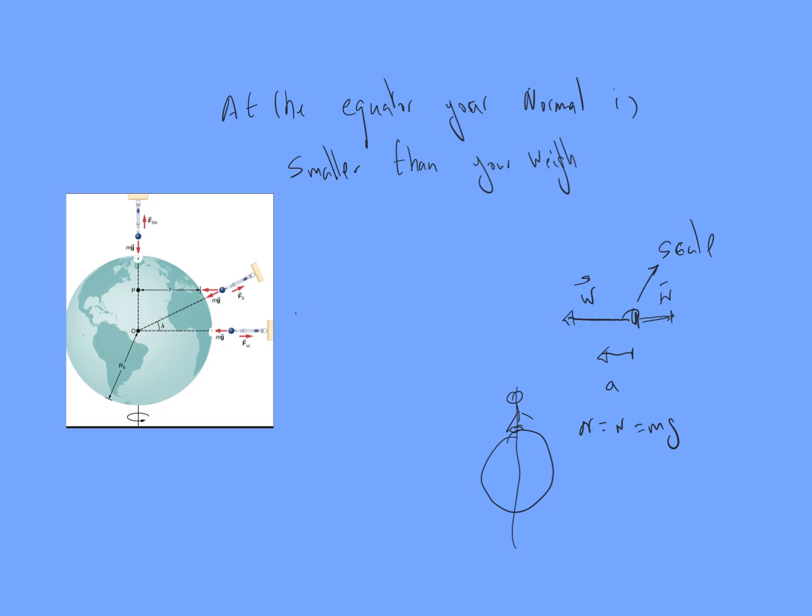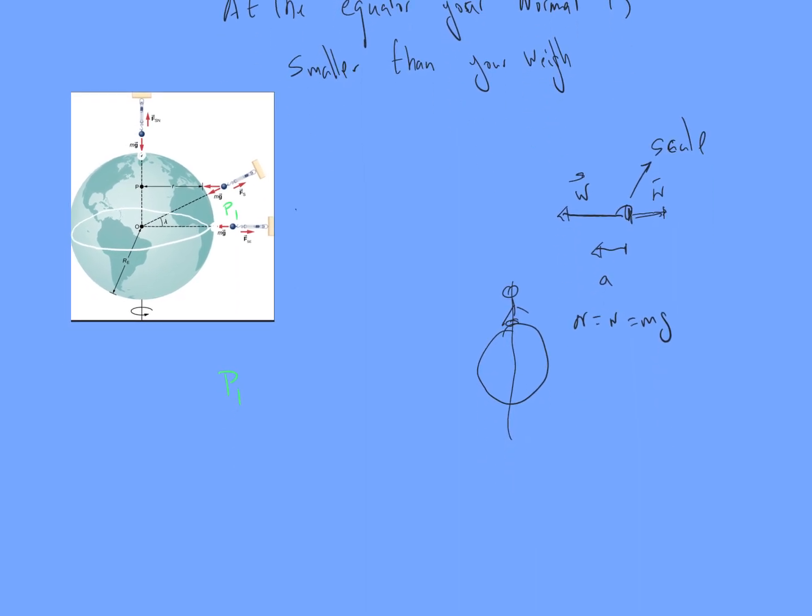The Earth is rotating. So the Earth is rotating in a circle of radius r, the radius of the Earth. So if you are here at the point P1, let's call this point P1. Your mass m is here at the point P1, and there are two forces acting on you.